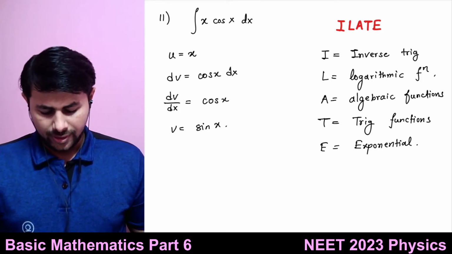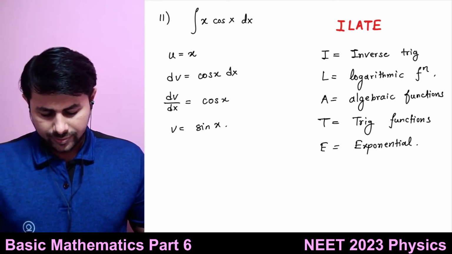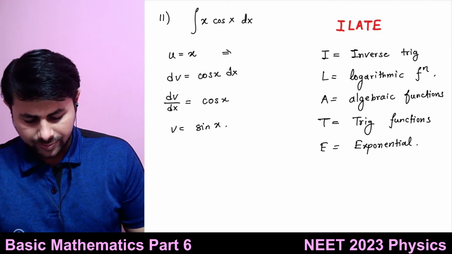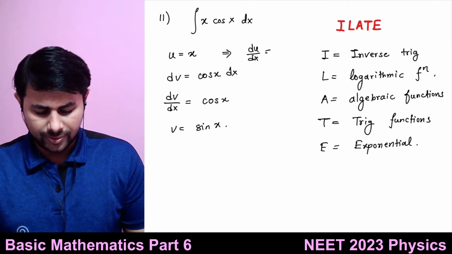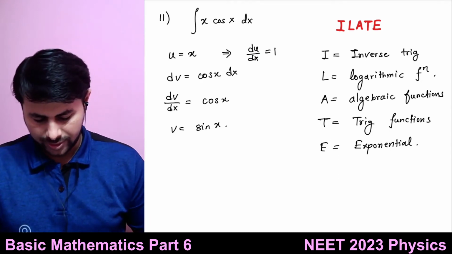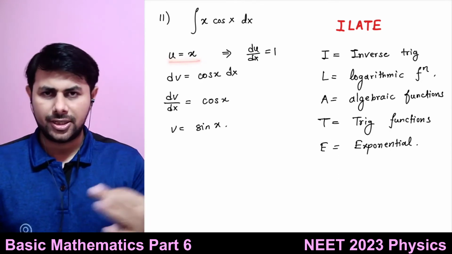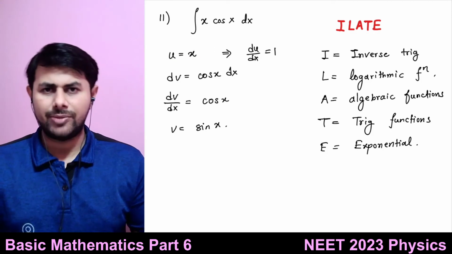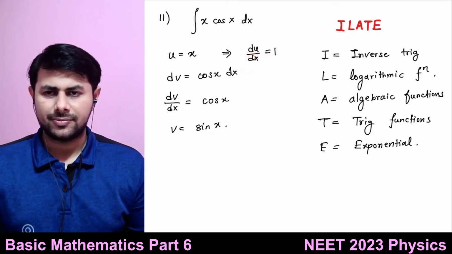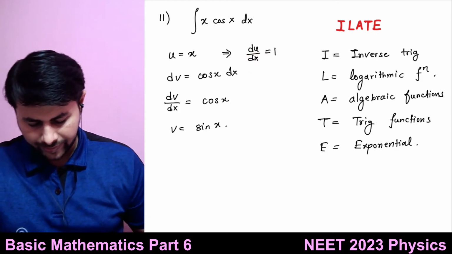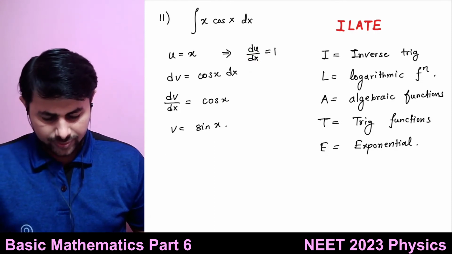Now what will be du? Du by dx will be 1, since u is equal to x. So du will be equal to dx if I take it on the other side, right?